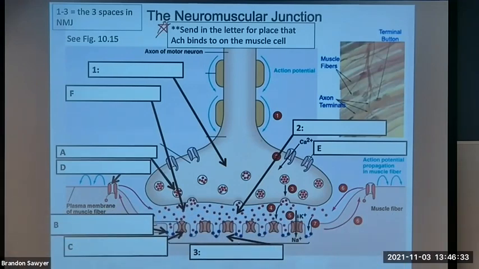You're sending the letter of whatever's pointing to where the acetylcholine would bind. What's that special structure that the acetylcholine would bind to? Send in the letter of that. I'll give you about 10 more seconds.